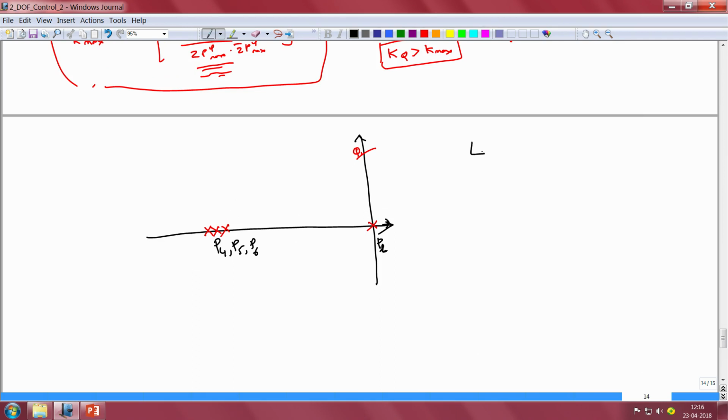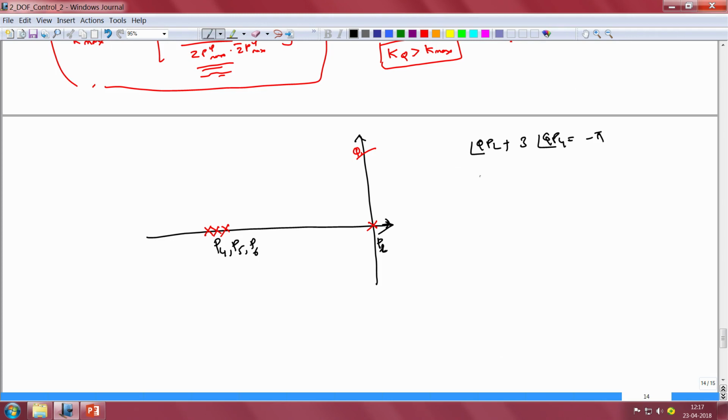So the angle QPL plus 3 times the angle QP4 should be equal to minus pi. This is under the assumption that the points P4, P5 and P6 are going to be coincident, or in other words they are all sitting at the same location in the complex plane.